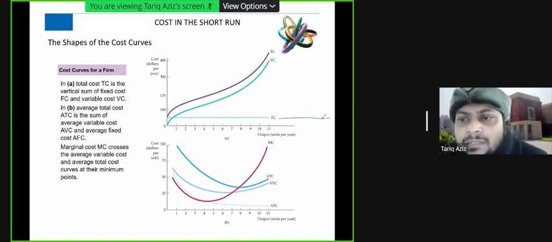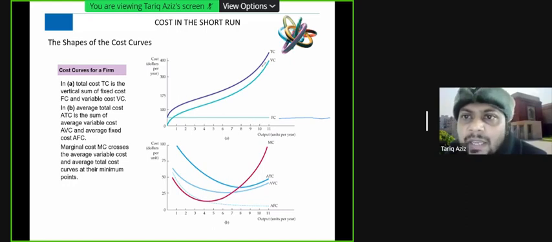This is like a straight line, because in the example also you might have seen that it was 50 and it remained 50 irrespective of the level of output. So whether we are producing 1 unit of output or 5 or 10 or 11, it will remain constant. So this is a straight line.